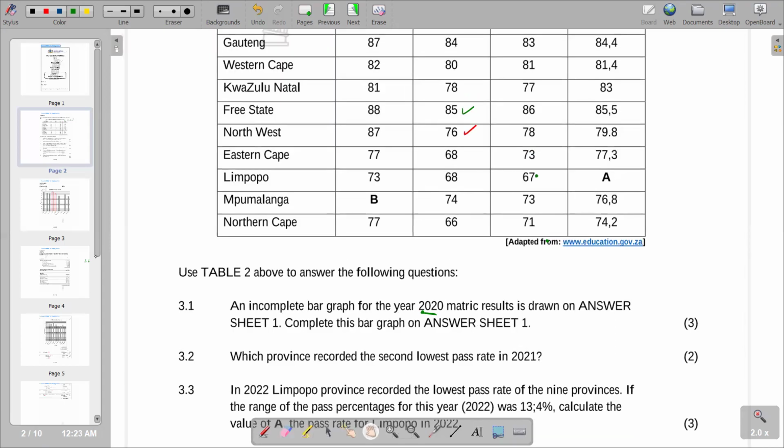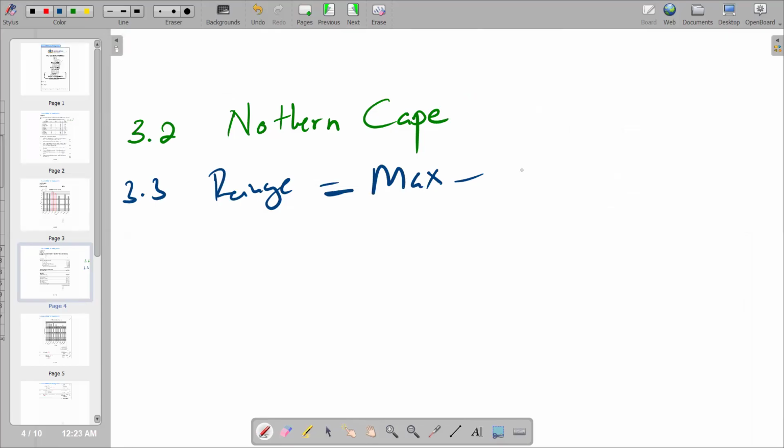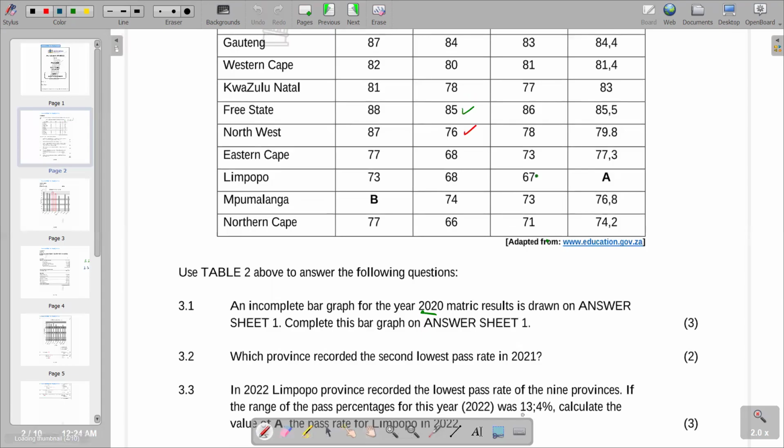So basically, on our answer section, you can come up with that formula first by saying with 3.3, we are saying range is equals to maximum value that we have minus minimum. But obviously, the range that we are given is 13.4%.